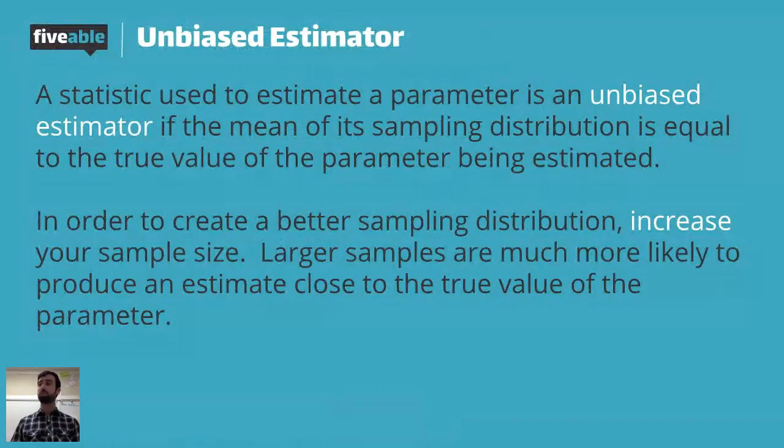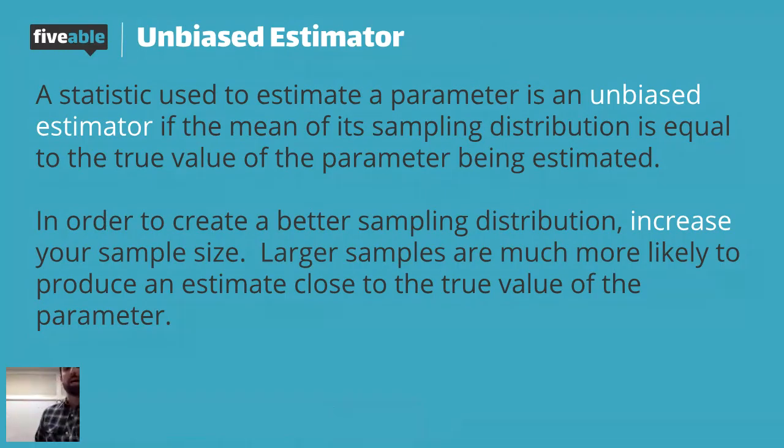Okay, so we talked a little bit about unbiased estimators in the applet. Let me talk about it more right now. A statistic used to estimate a parameter, remember, a statistic comes from a sample and a parameter comes from a population, so we use statistics to estimate parameters, is unbiased if the average of its sampling distribution is equal to the true value of the parameter being estimated.